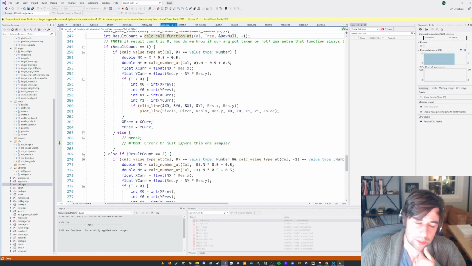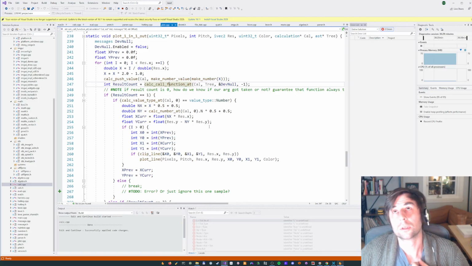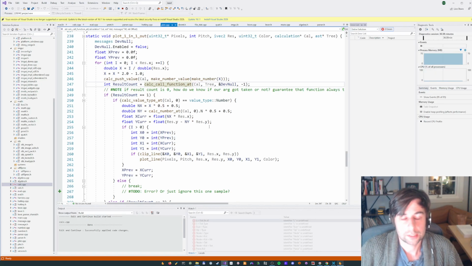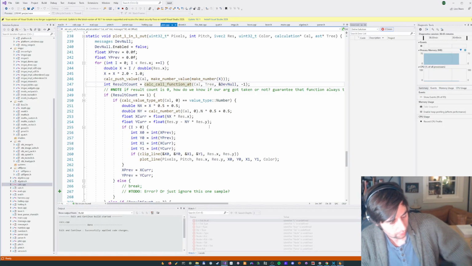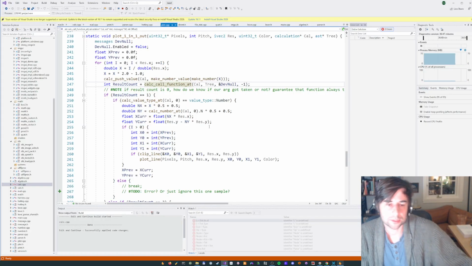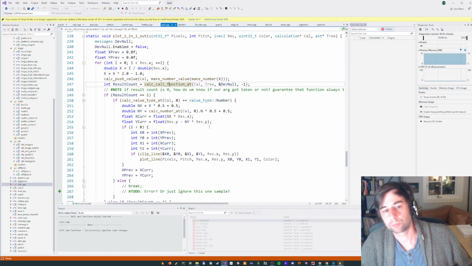I think it's RPN. Trying to remember. It's not like it converts it to RPN syntax and then evaluates it. It's more that the function just gets its arguments pushed on top in the reverse order, and then you call, and then you take them off the stack.